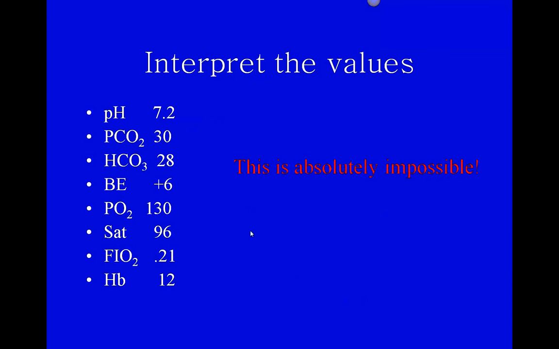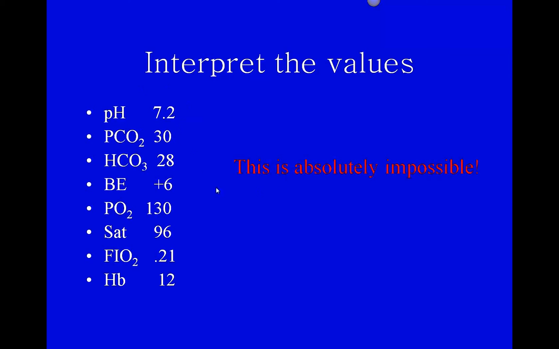Here's one that's impossible, and I want you to determine why. The pH is an acid. It's less than 7.40. The CO2 is lower than it should be. That's an alkalosis. Your bicarb is higher than it should be. That's an alkalosis. So I'd have acid, alkalosis, alkalosis, and I can't have that because there'd be no system causing it.